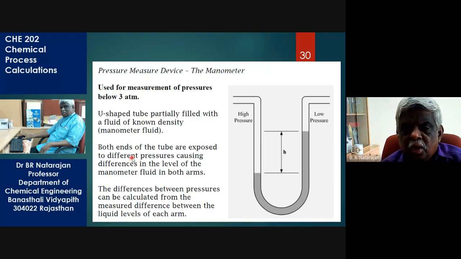Both ends of the tube are exposed to different pressures, causing a difference in the level of the manometer fluid. The two sides will be at two different heights, and this height difference is what you are measuring. The difference between the pressures can be calculated from the measured difference between the liquid level in this arm and the liquid level in this arm. They are calibrated.